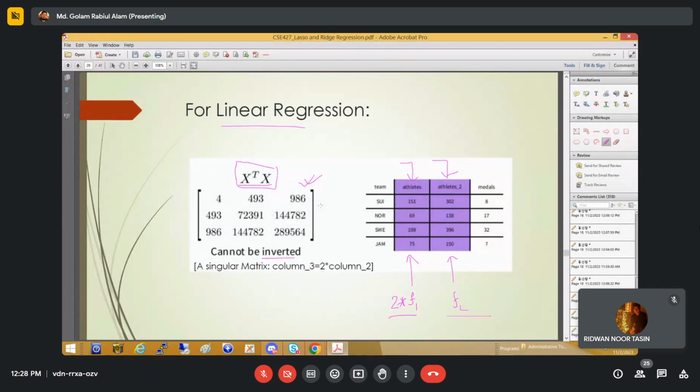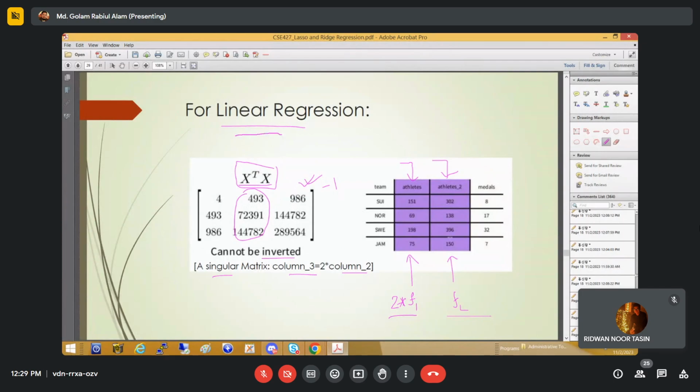We cannot get the inverse matrix of this one because of the singularity of this matrix, so usually we call it a singular matrix. In this case we can see that column 3 is 2 times column 2. We cannot find the inverse matrix of a singular matrix. So this is a problem.